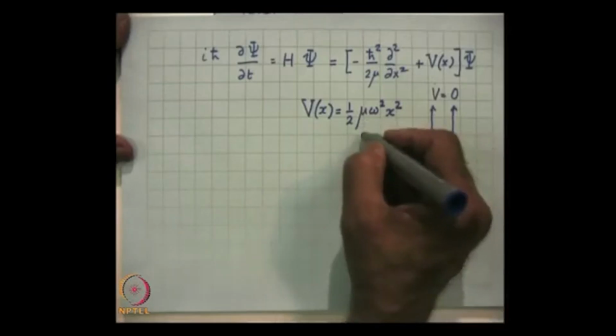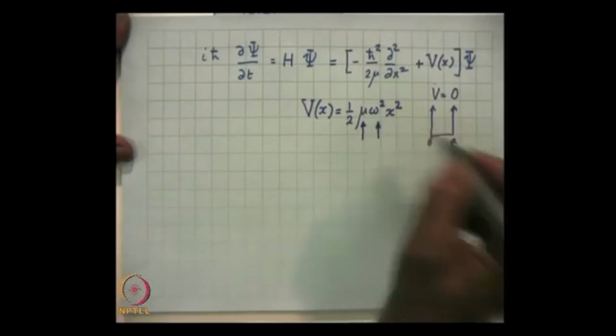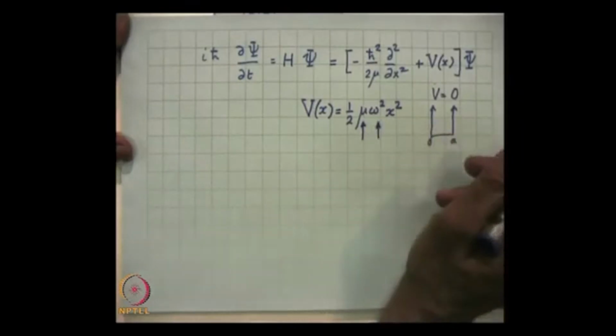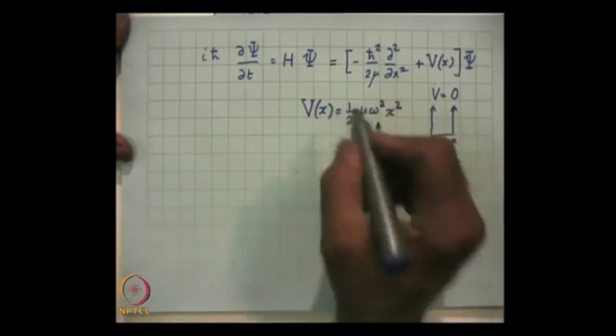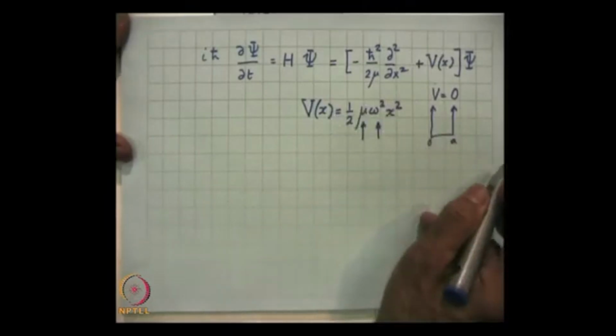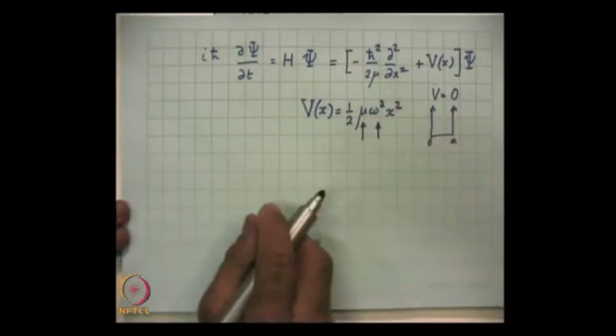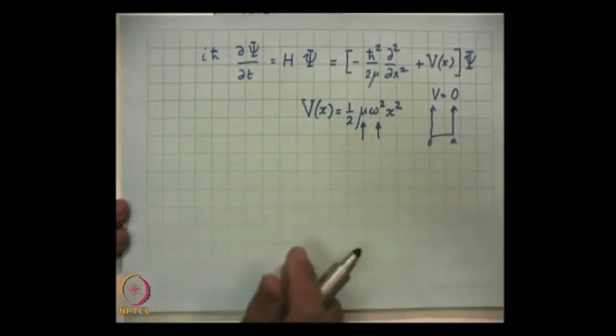We know mu is the mass of the particle, omega is the classical frequency, and x is of course the x coordinate. This is the classical expression for the potential energy corresponding to the harmonic oscillator, and we will write down first the solution of this equation corresponding to this potential.